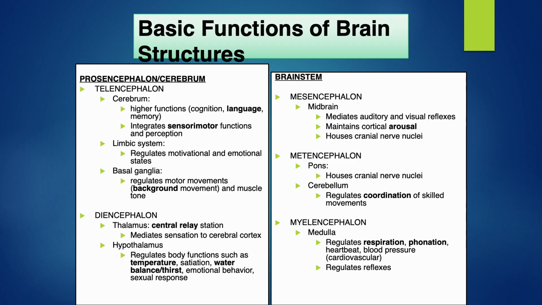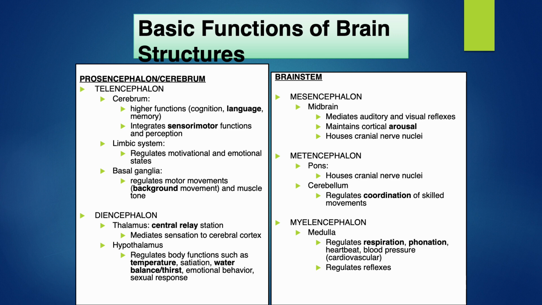If you remember, that's where your colliculi are, superior and inferior. Maintains cortical arousal, and so that's a critical piece when we're talking about decerebrate, decorticate posturing in patients that are in some degree of coma. And in the midbrain, we have some cranial nerve nuclei and their nerves exiting there.